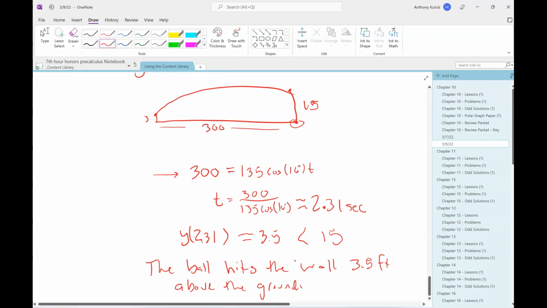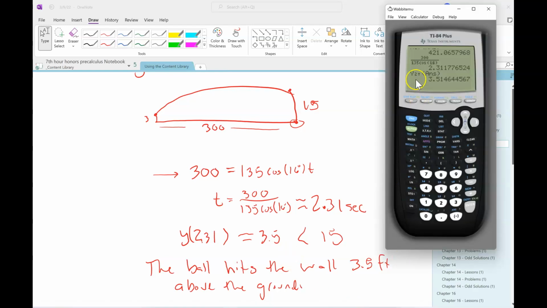Now, it would be nice if when I graph this, I could get the wall to show up here. If I can make a vertical line segment that's 15 units tall, that'd be pretty sweet, so I could actually visualize what's going on. We can do that.